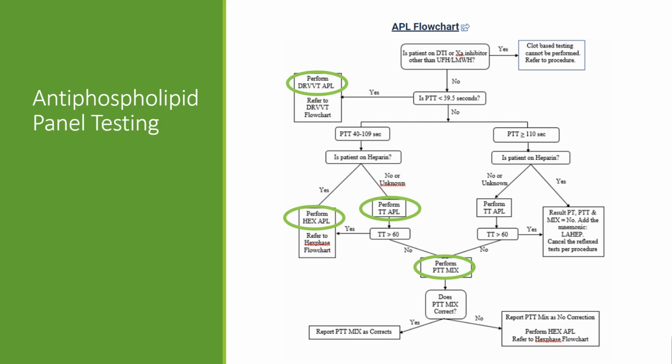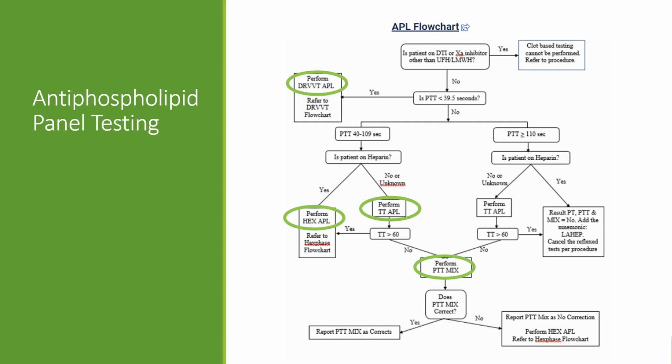If the answer is no, next we're going to ask, is our PTT less than 39.5? If it is, we're going to go ahead and perform our DRVVT, just the screen initially. And again, if our screen is less than 44, we're not going to do the confirmation. We'll just report it out as negative.